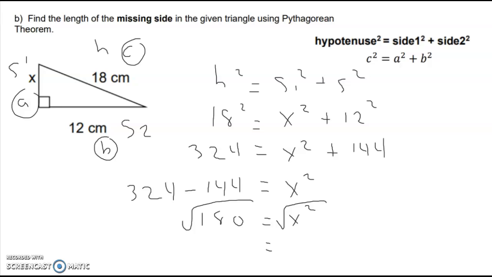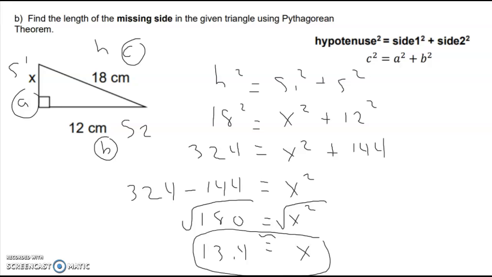I'm just going to round that to 13.4. Because it's a bunch of decimals, I'm going to write approximately over top of the equal sign, and that equals x. So that is your final answer.